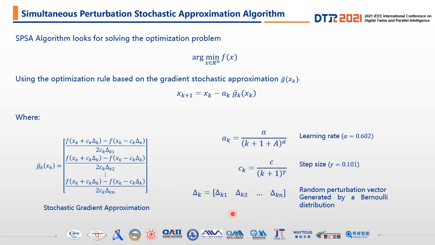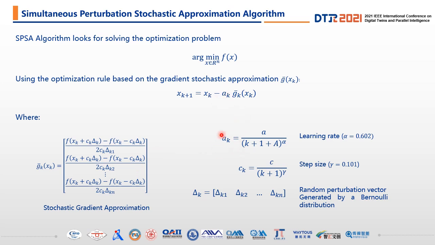In this case, the probability of occurrence of this small change ck. That's the main idea of this delta k. And this is going to repeat for all the steps that we are going to execute.